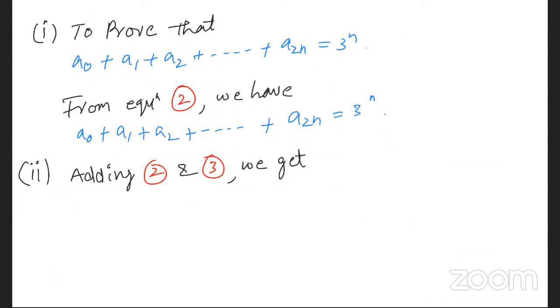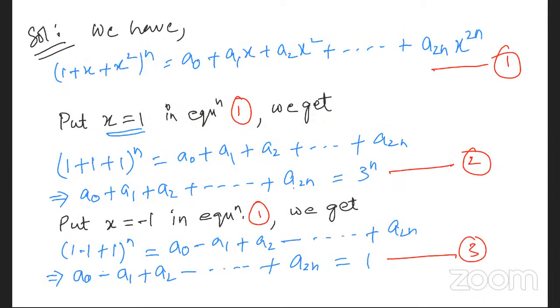Adding 2 and 3, we get 2a naught plus 2a2 plus, we'll write one more term, 2a4 plus so on plus 2a to n is equals to, on the RHS you have 3 to the power of n, and the other term is plus 1. We have 3 to the power of n and 1. So 3 to the power of n plus 1.